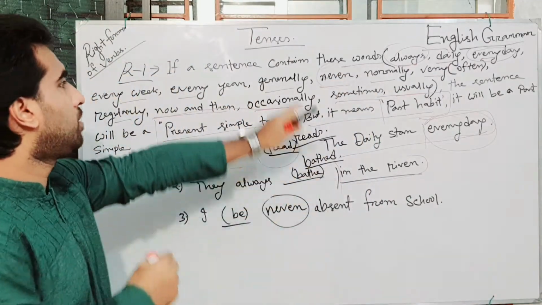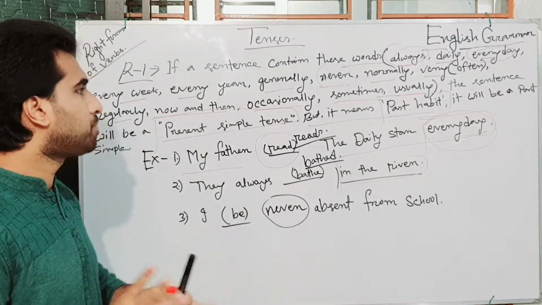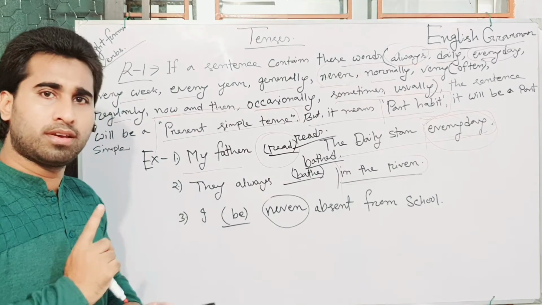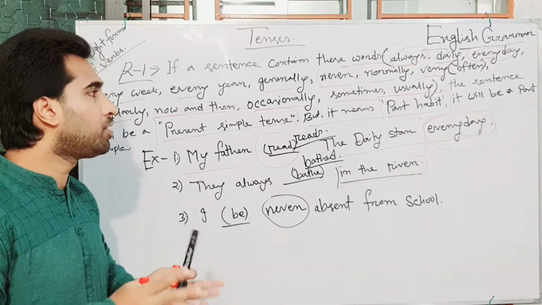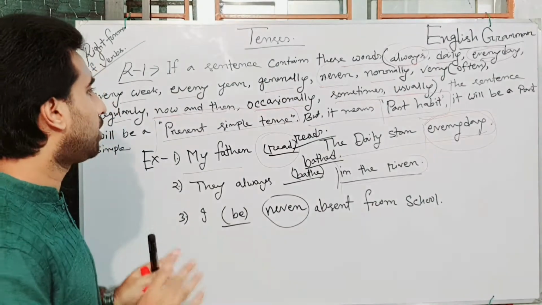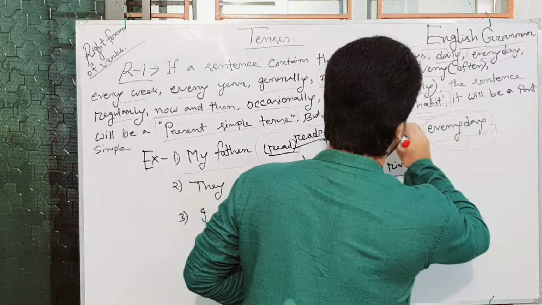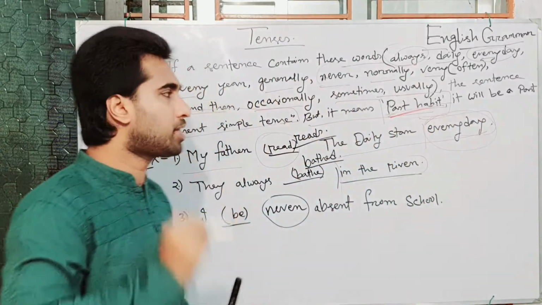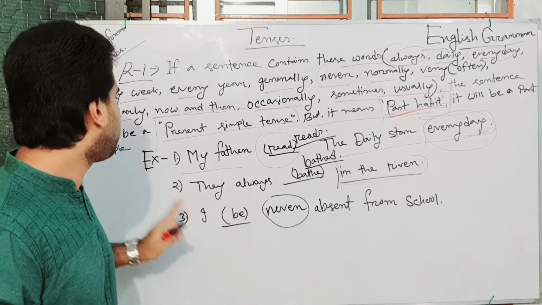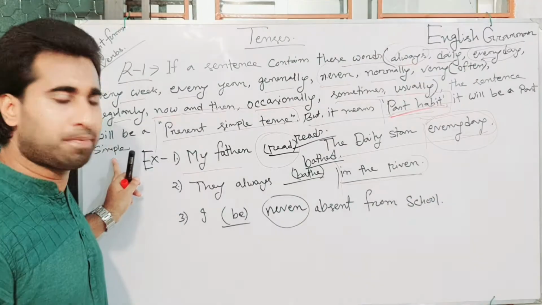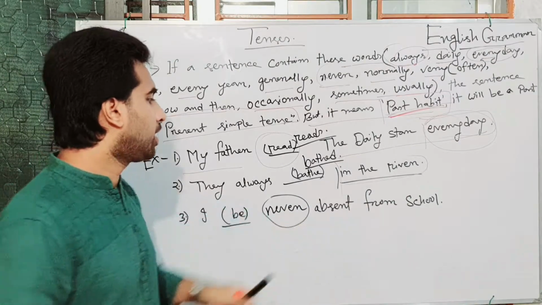If we find these words in a statement, we have to use present simple or past simple. We use the past simple when it means a past habit. When a statement means a past habit, we use the past indefinite or past simple tense, as this statement refers to a past habit.